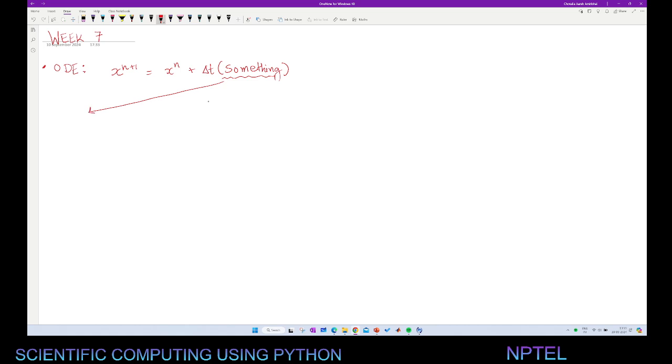So for forward Euler, this would have been f at x_n, t_n. Now, if it was backward, then it would be f of x_{n+1}, t_n.